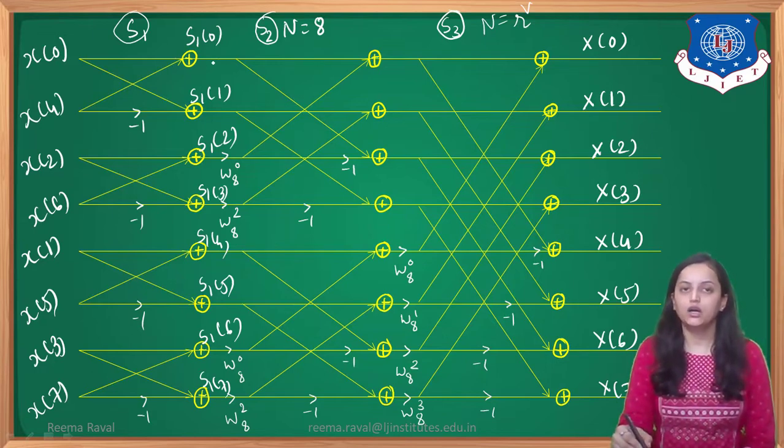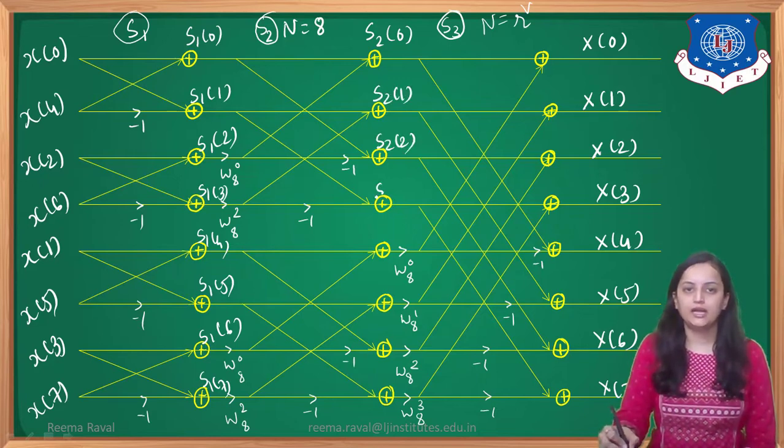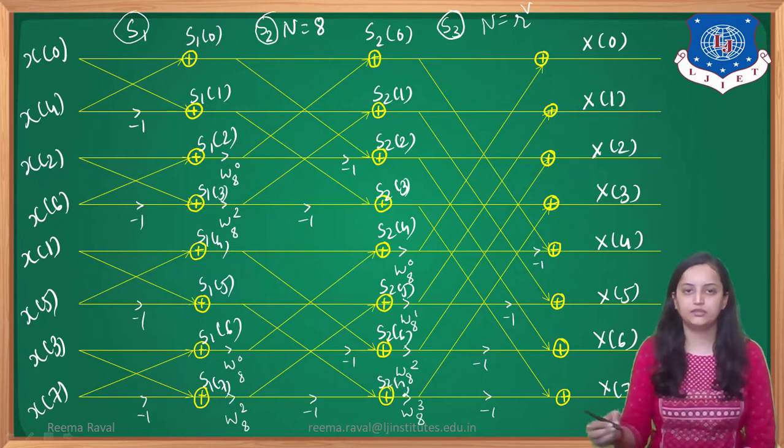Similarly, input of stage 2 will be the output of stage 1. So we will denote the output of stage 2 similarly, that is S2 of 0, S2 of 1, S2 of 2, S2 of 3, S2 of 4, S2 of 5, S2 of 6 and S2 of 7.